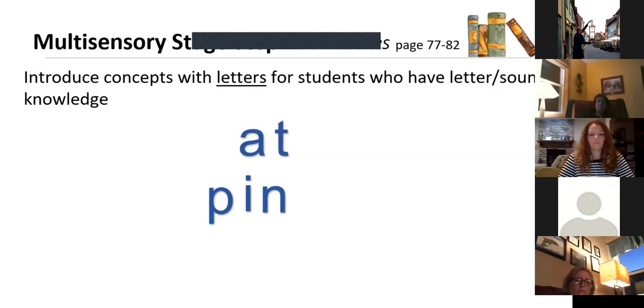We could substitute that I for a new vowel sound. So for instance, if I have the word pin, I could show the student that if I erase the I and then add an E, I get a new word. Pin becomes pen. So this is where you would want to begin with your students.